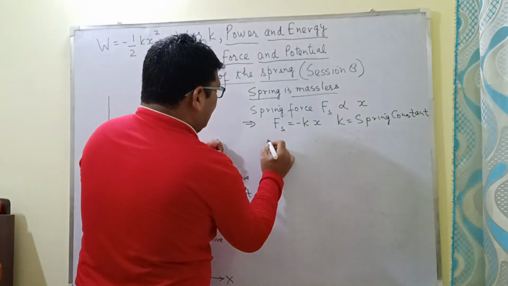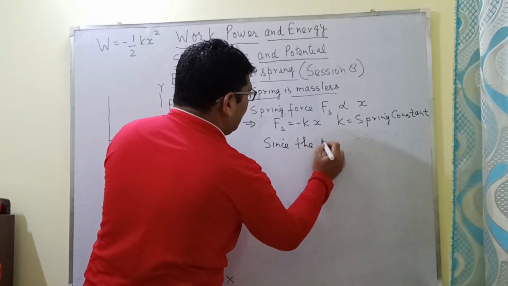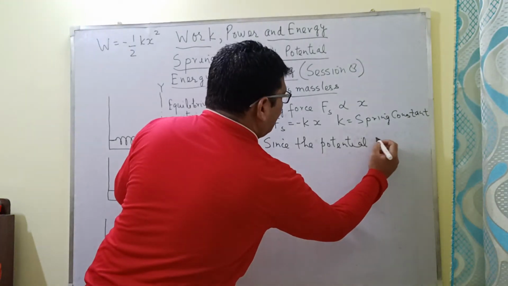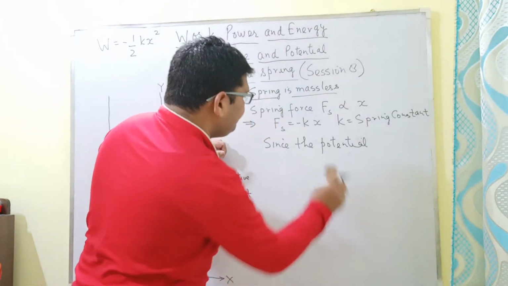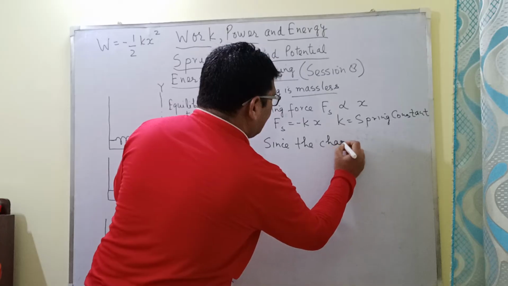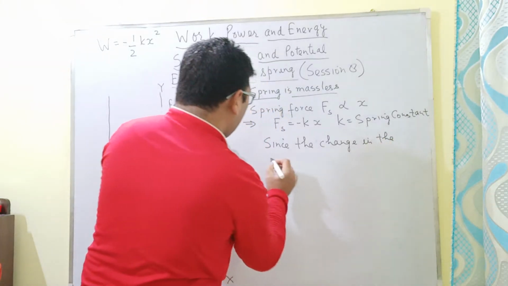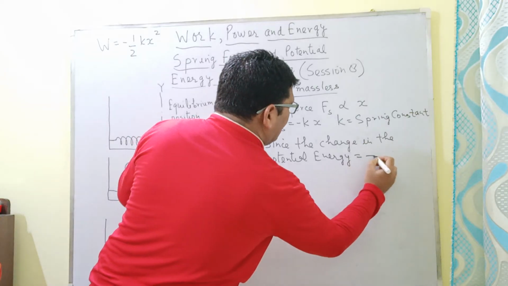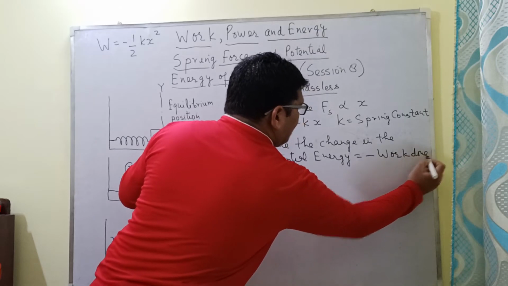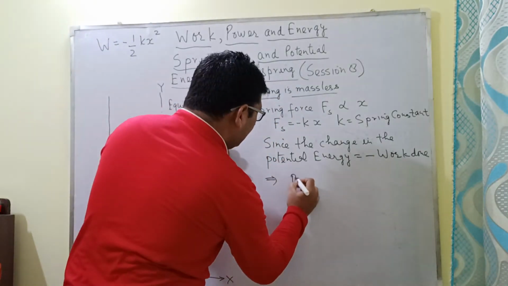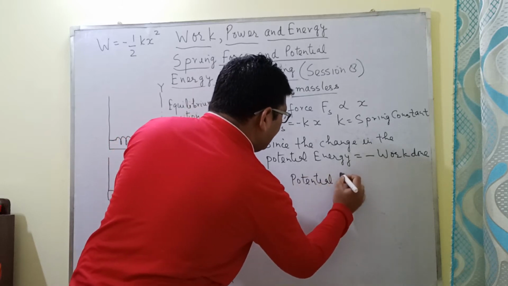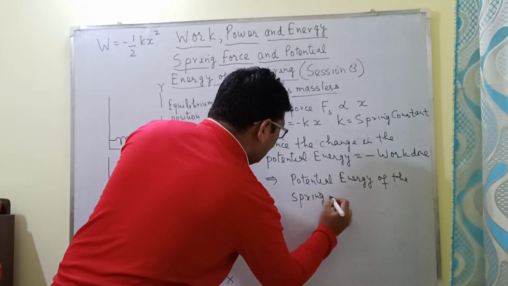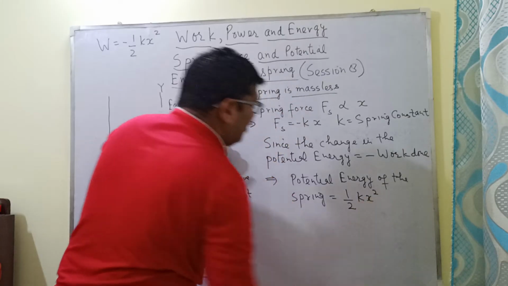Since the change in the potential energy is equal to negative of work done, therefore the potential energy of the spring will be equal to 1 by 2 k x square, where x is the displacement of the spring.